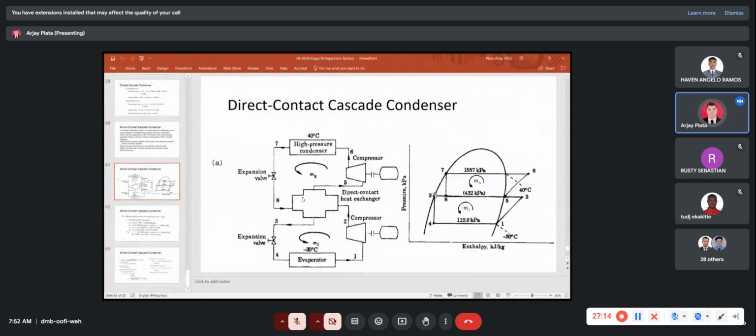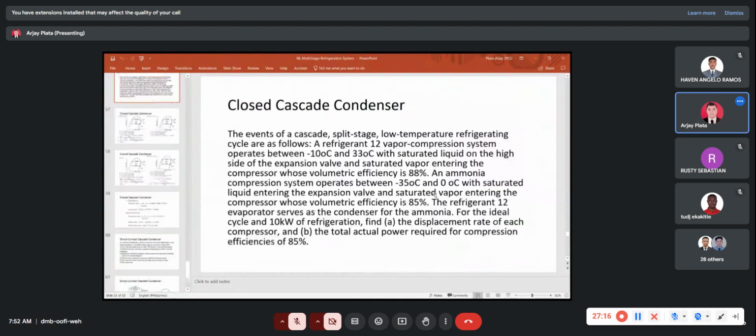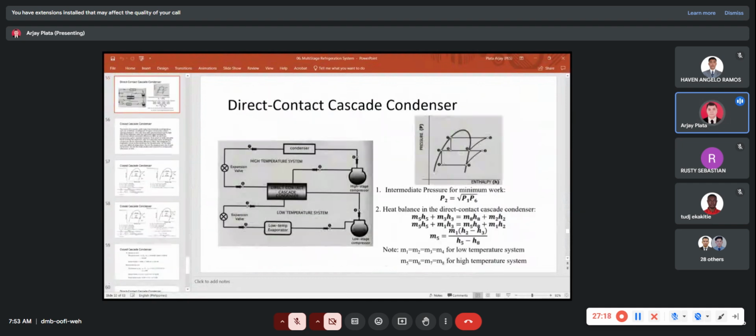So mostly, probably you have an idea of some of the problems that you will encounter here in a multi-stage refrigeration system. It is more complicated compared to a single stage.